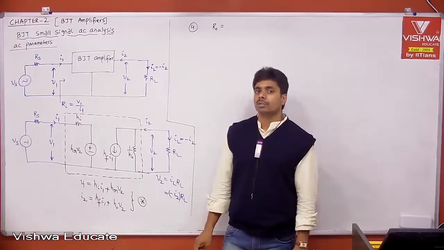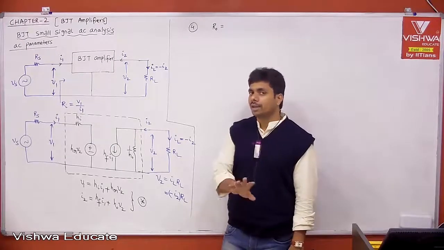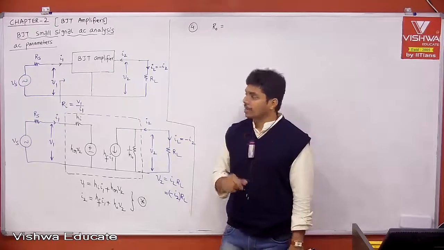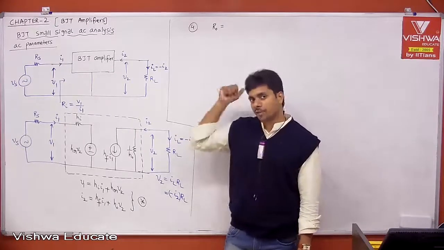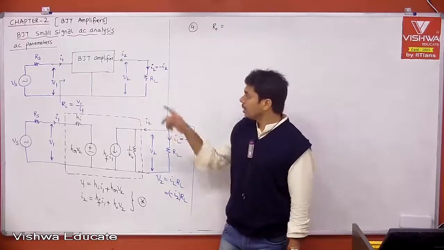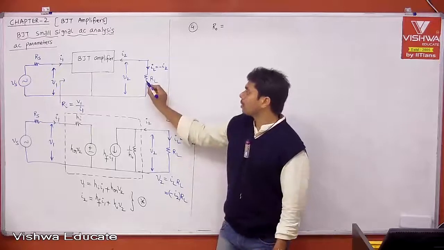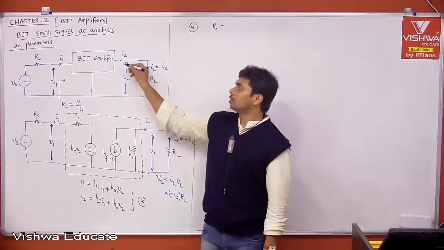Let me complete and then I'll explain that point. Again, you'll have one more doubt after defining the definition, and I'll ask you one question immediately. Now, one thing is clear: we should exclude the load because I want to find the impedance seen into the output port.